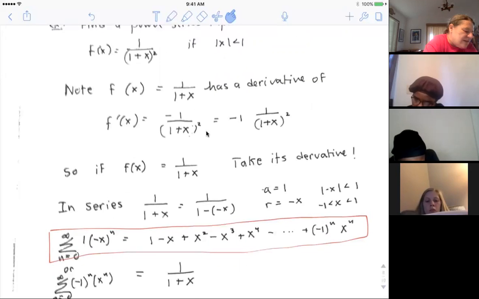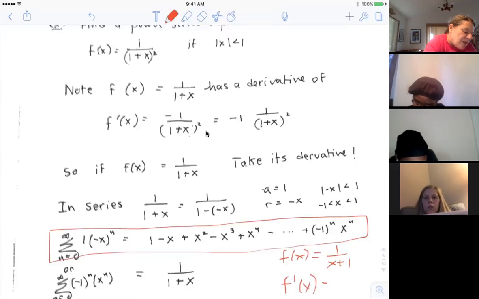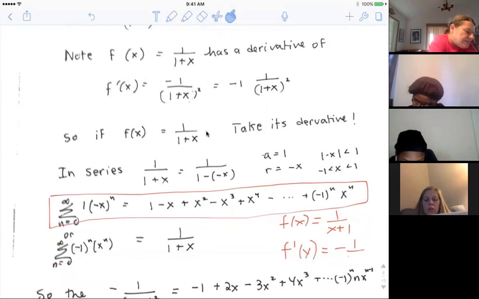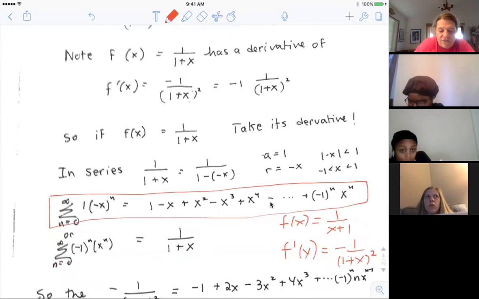What I know is that if f of x is 1 over x plus 1, and what I'm looking for is f prime of x, which is minus 1 over 1 plus x squared. All right, and you can verify that.